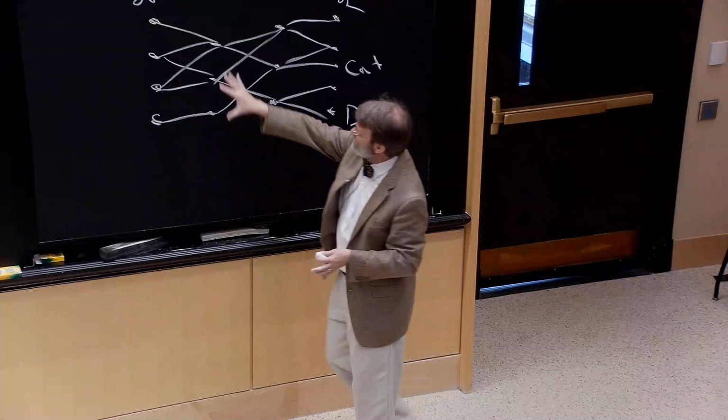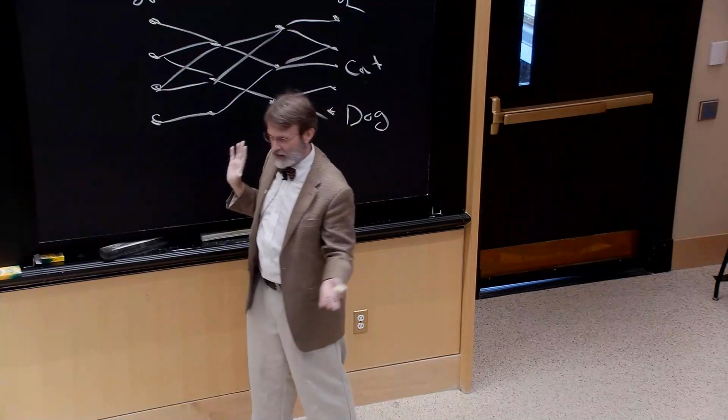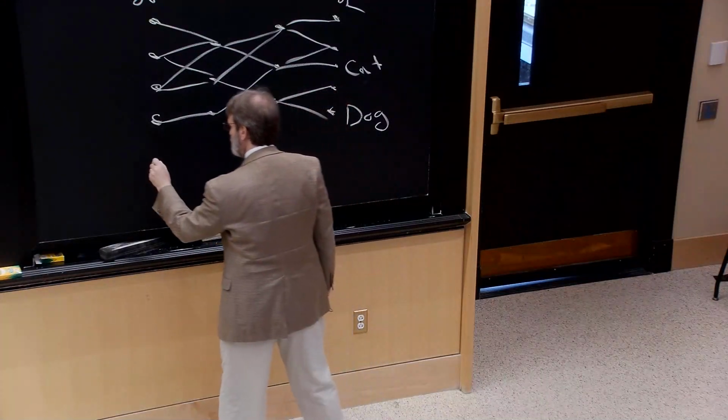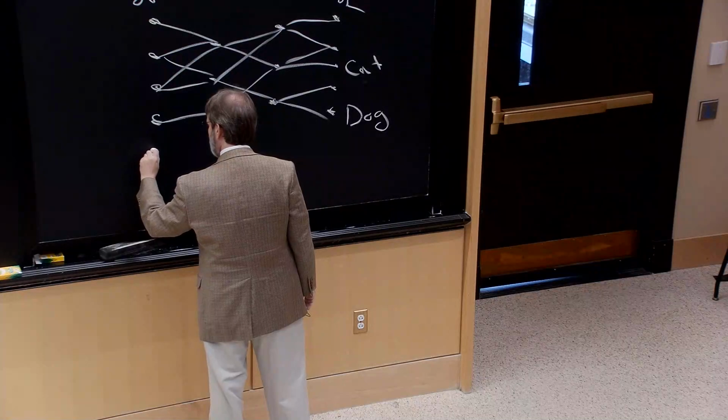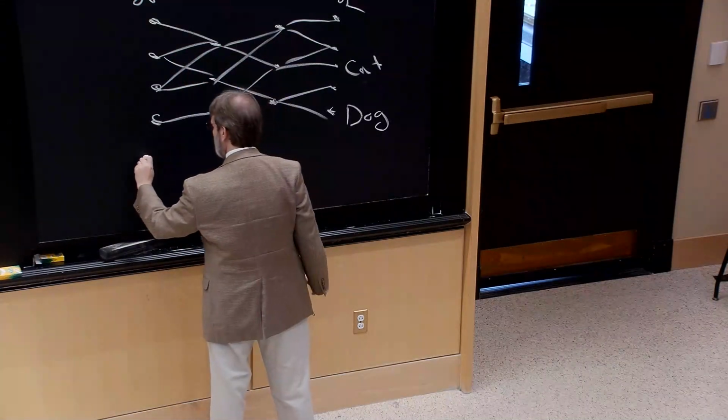Now, this can be represented as an equation. This is the DNN equation, which is essentially the value of the next layer.